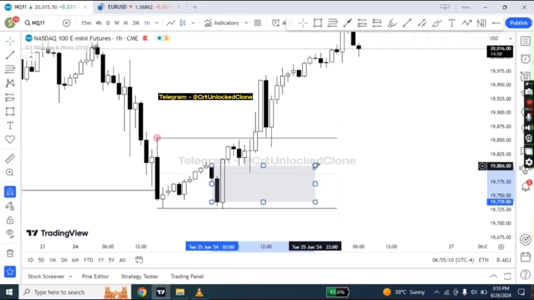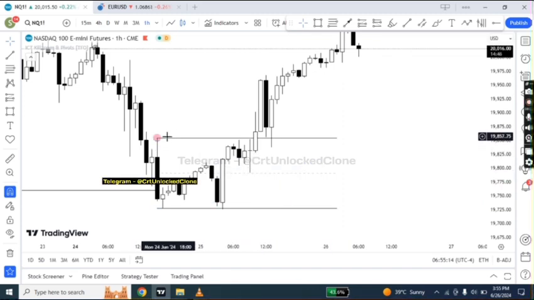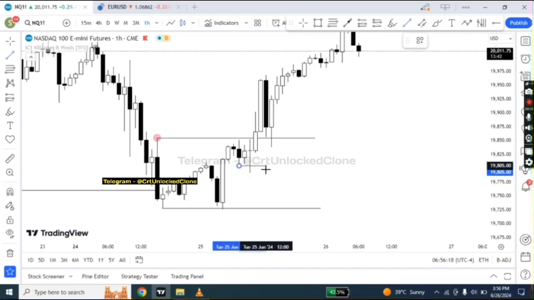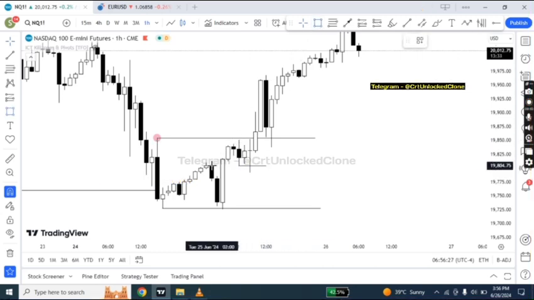And I started looking for another potential trade towards that drawn liquidity on the 1 hour. For that, I started looking for a CRT, and then I found this candle right here, and I chose this particular candle as my CRT. The reason why I chose it is because of two predominant factors.